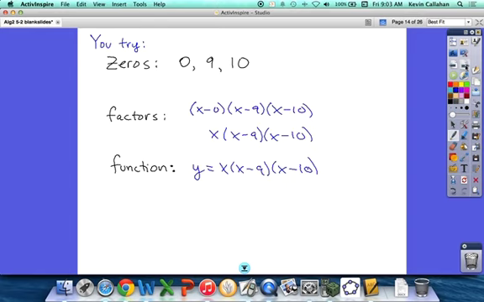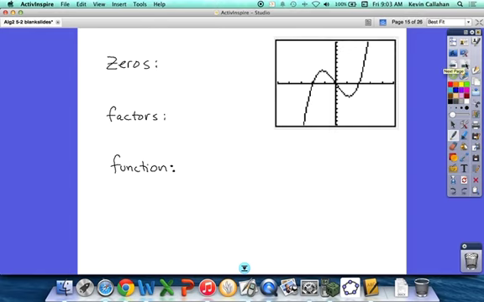Right? So next step is, what if what you've really got is a graph? Okay? How can I turn that graph into the zeros? What are they? Right? Okay, so if those are the zeros, what are the factors? Just say the x, right?